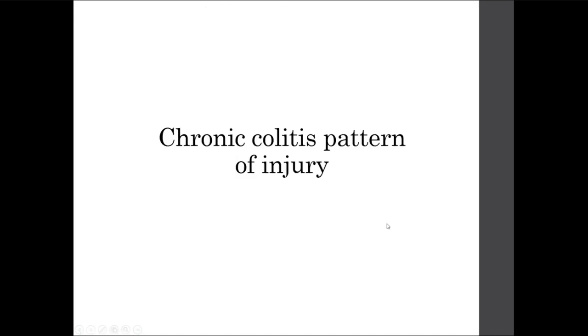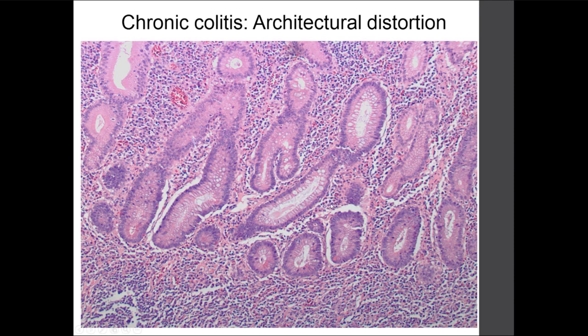I want to make a comment here about the differential of chronic colitis. I think one of the important things that I want you to walk away with today is understanding what are the features of chronic colitis and how to differentiate this from acute. Chronic colitis is defined histologically, I would say primarily by the presence of architectural distortion.